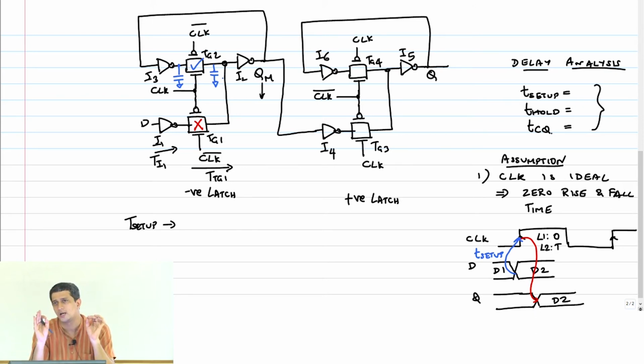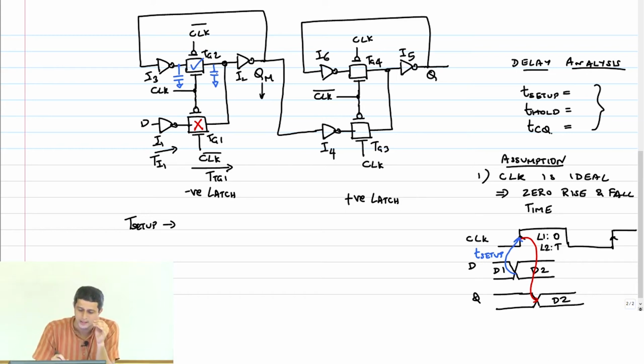Remember, this is a theoretical thought experiment. Practically it will be slightly different. We'll come to that. If these two capacitors are holding the same value, then when my transmission gate TG2 turns on, those two capacitors will charge share, and it will come to some value. Now, if both of them are the same value, then it's going to remain at that logic value.